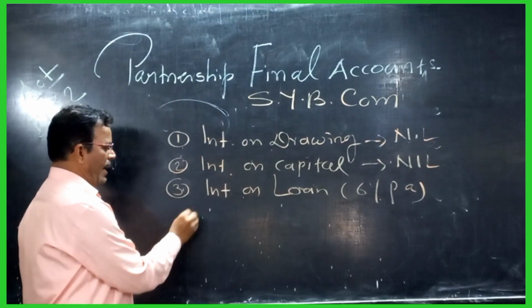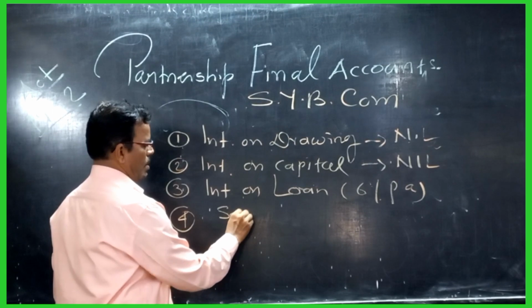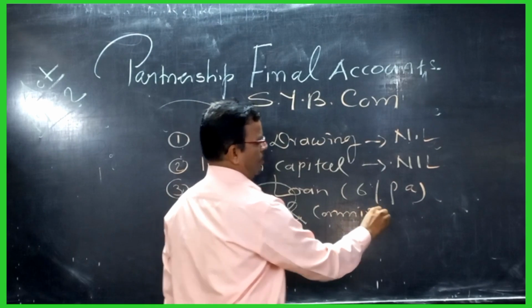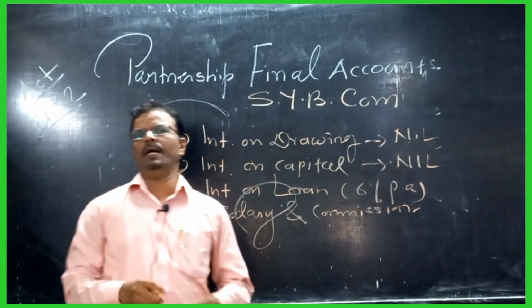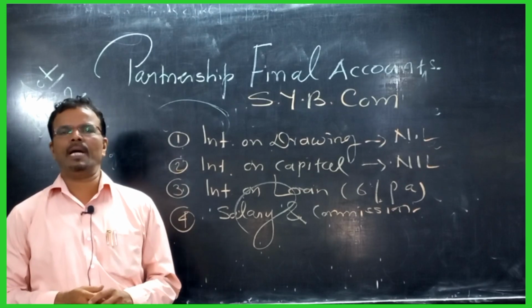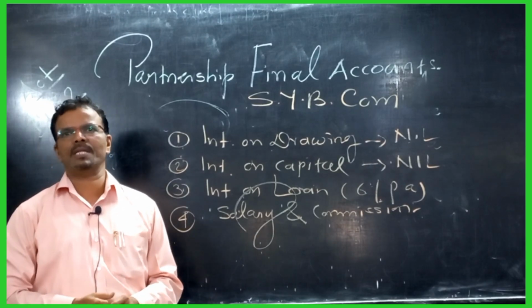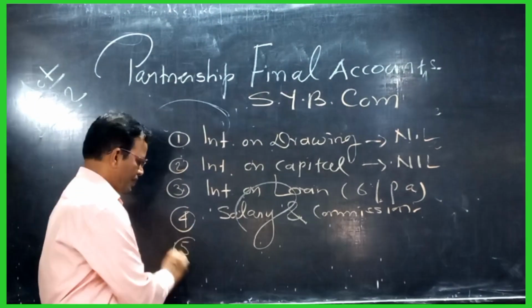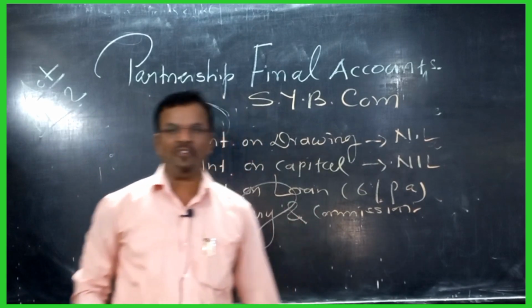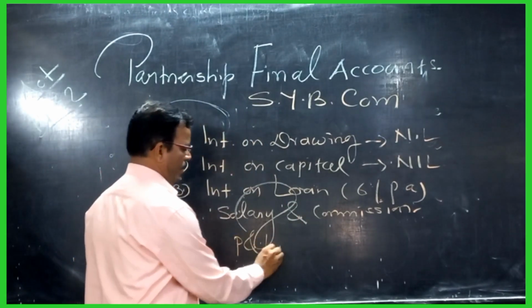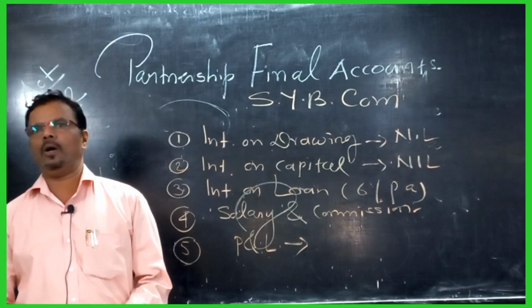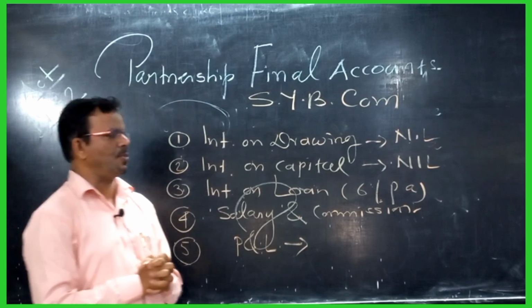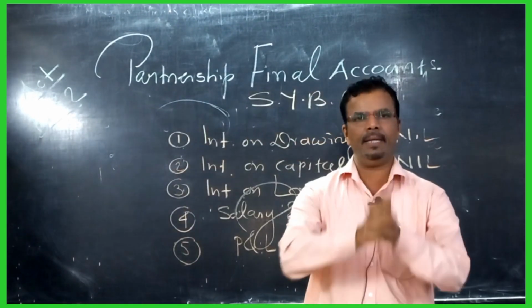After that, salary and commission are not given to the partner. In partnership final account, if nothing is mentioned, no salary and commission is given to the partner. Fifth, profit and losses are always divided as per their agreement. If nothing is given, that means we assume equal, equal and equal.